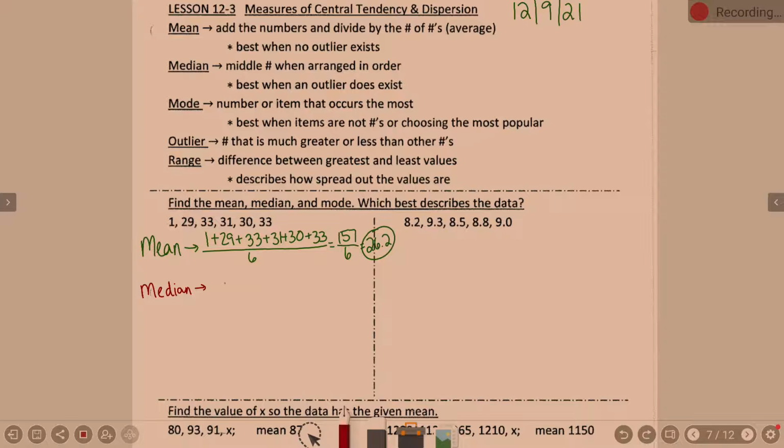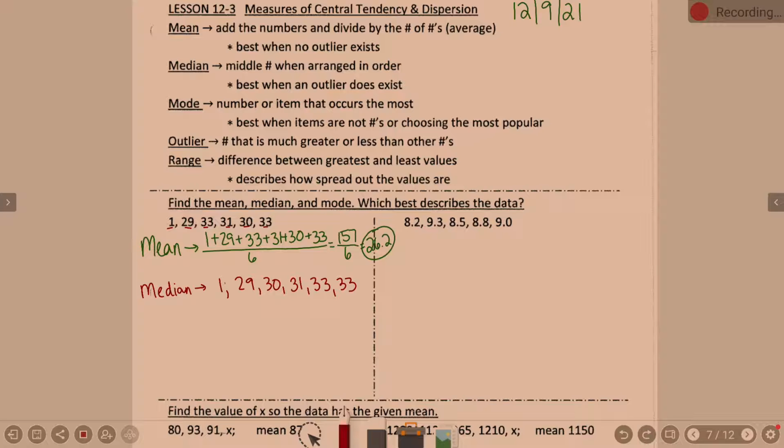Arrange them in order. Yeah, they have to be in order from least to greatest. I used 1, 29, 30, 31, 33, 33.